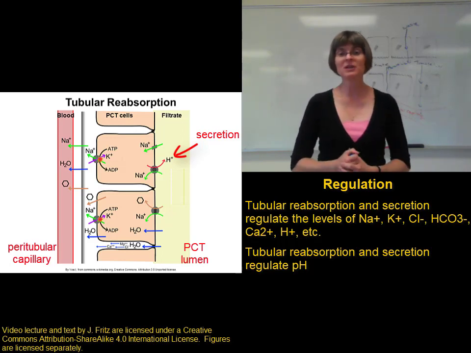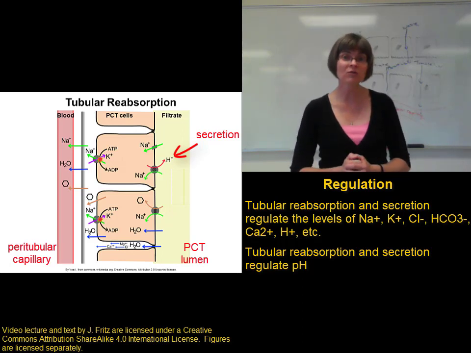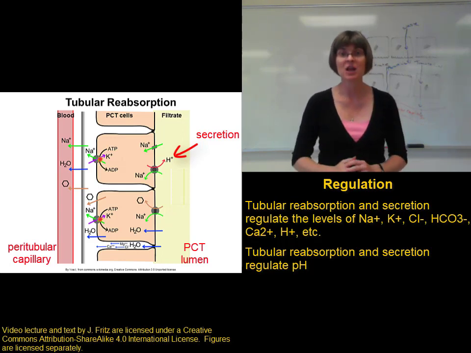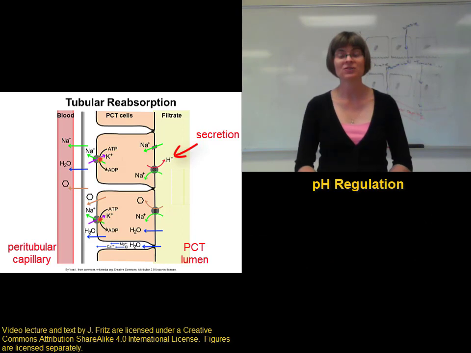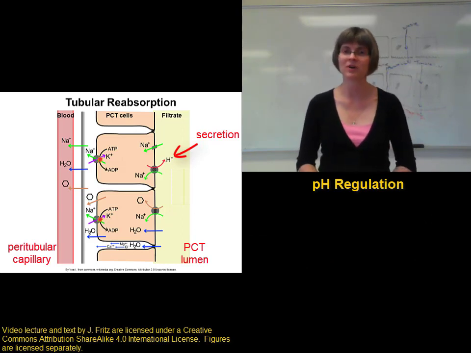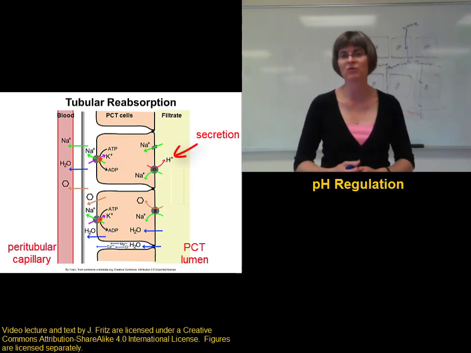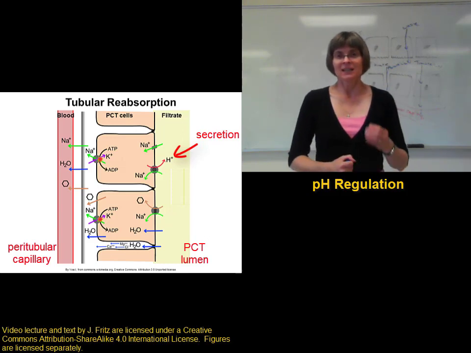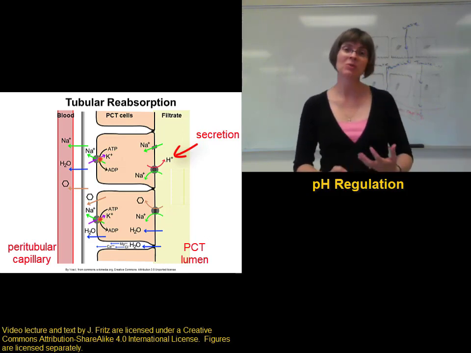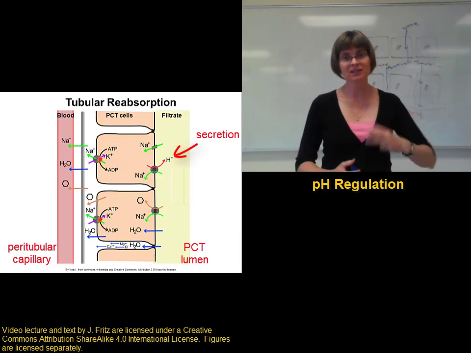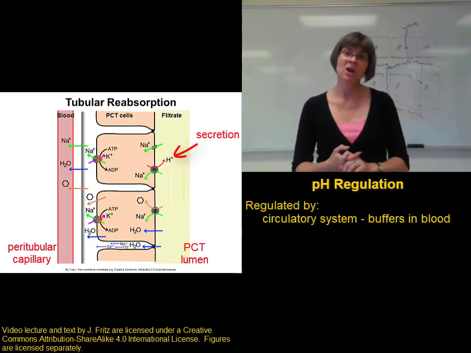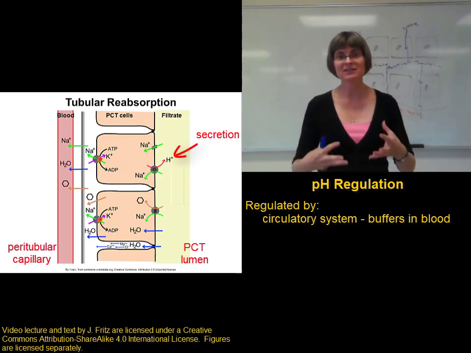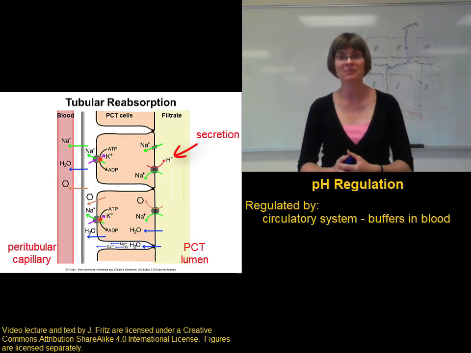I want to take a few minutes to talk about the regulation of pH, or acid-base balance, because it's so important. Normal blood pH is about 7.4, somewhere from 7.35 to 7.45. The concentration of hydrogen ion in our blood is regulated by 3 different body systems. First, there's the circulatory system, which helps regulate the pH based on the buffers that are found in the blood.